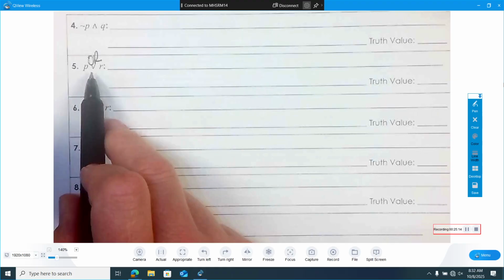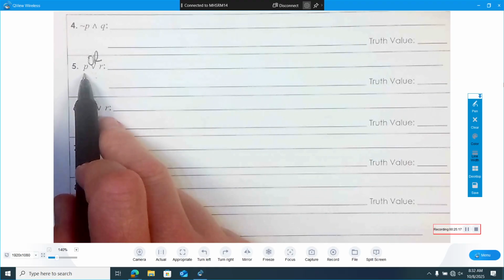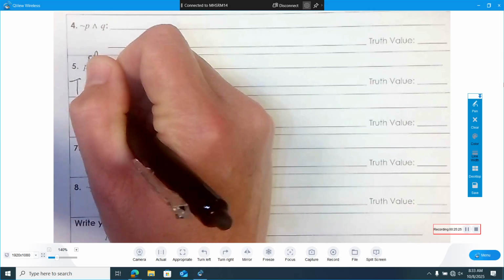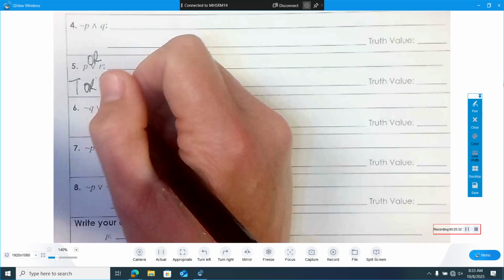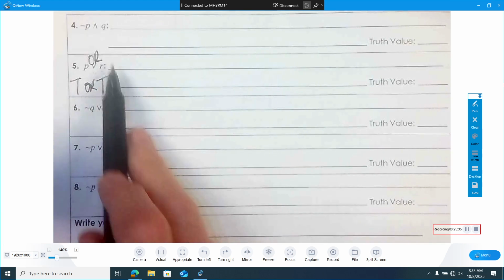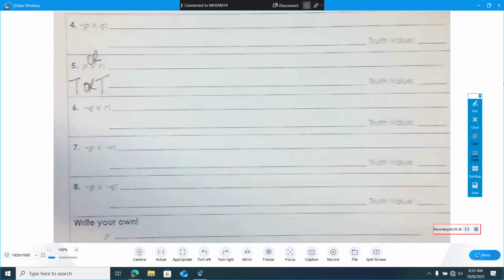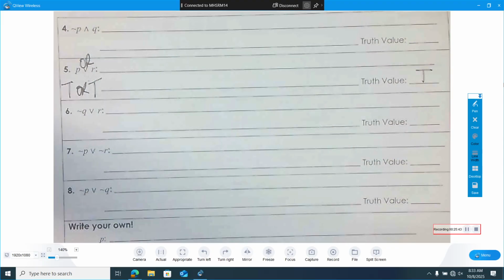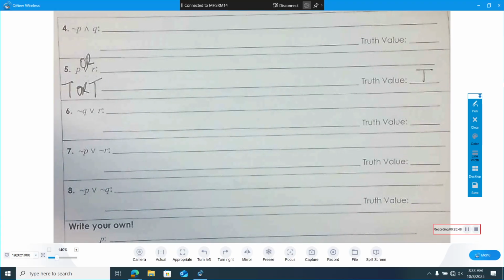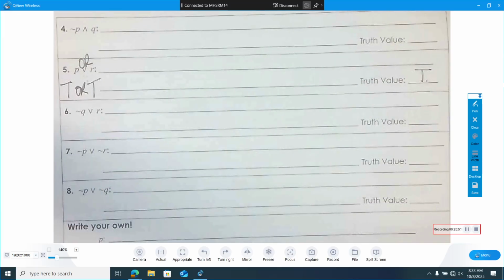So, P or R, what was P? What was our P statement? There are 7 days in a week. Is that true or false? True. Or, and what's our R statement? Halloween is on October 31st. That's also true. All right, for or statements, are we true or false here? True, yeah. On an or statement, one or the other, or both, okay? So at least one thing has to be true for our total truth value to be true.